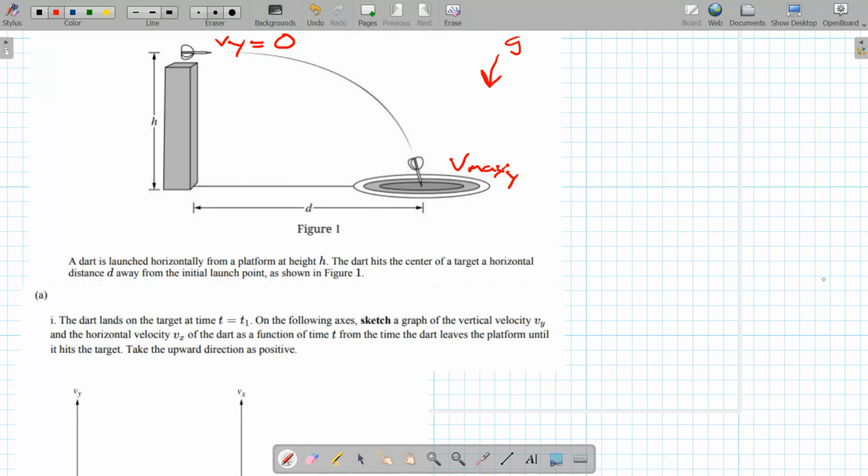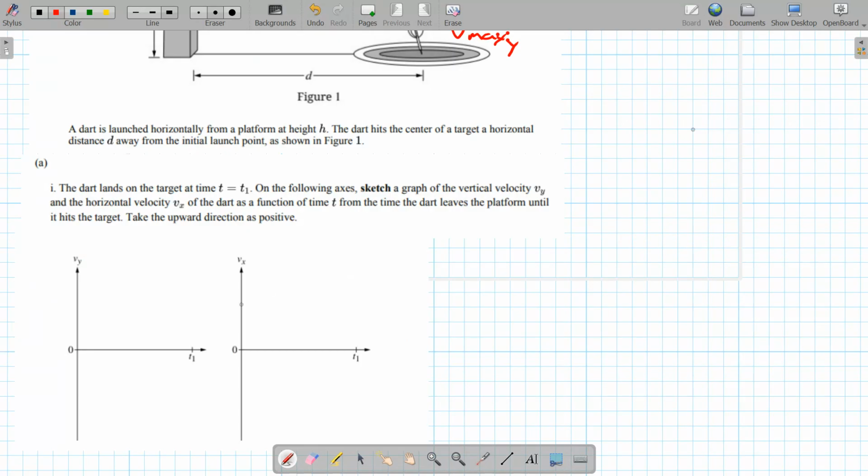So what you could say is that it starts at 0 and it falls at a constant rate. Okay? The slope of this line is actually negative 9.8 meters per second, right? But it's not requiring you to write that down, but that's literally what it is. So that's the Y velocity.